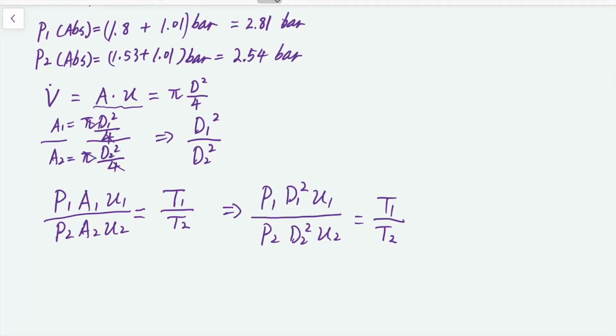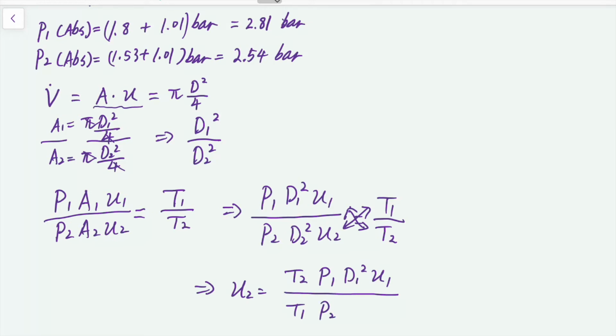Okay, now we can derive U2 is equal to, cross multiplying, T2 P1 d1 squared U1 all over T1 P2 d2 squared.